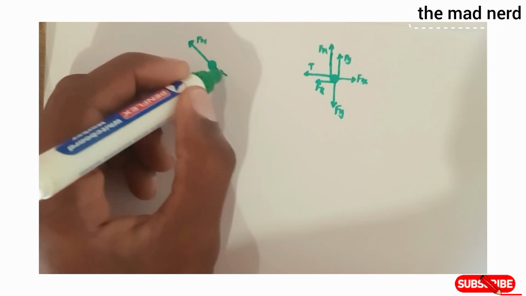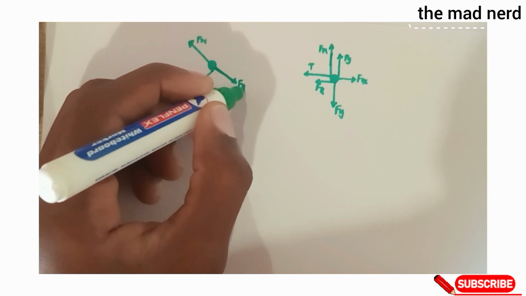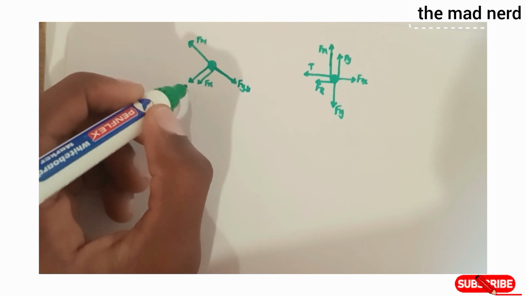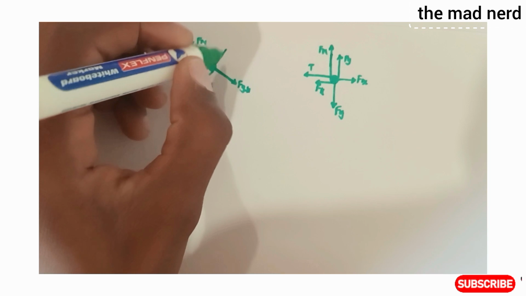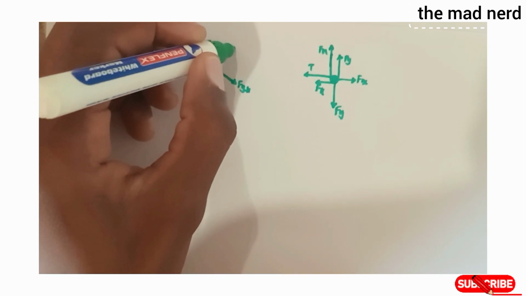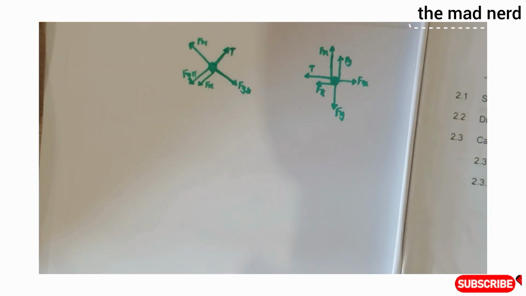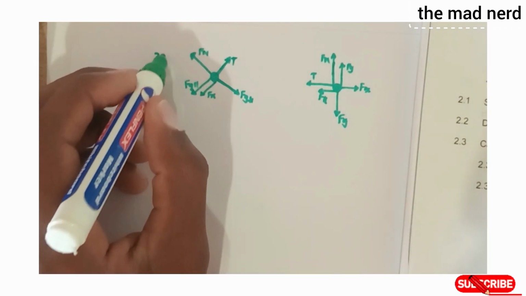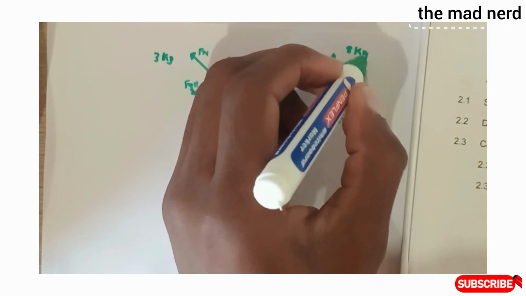We can represent Fg with its components, that is Fg perpendicular and Fg parallel, and then we have a tension over here. I think we are done with the free body diagram for the 3 kg block, and then for the 8 kg block.